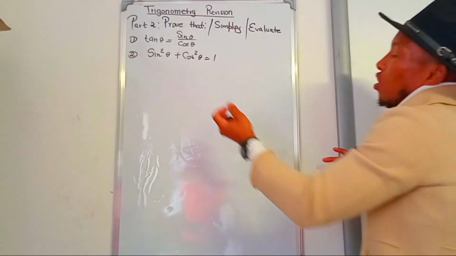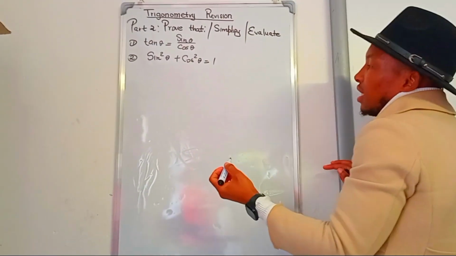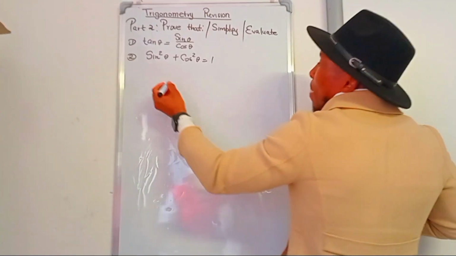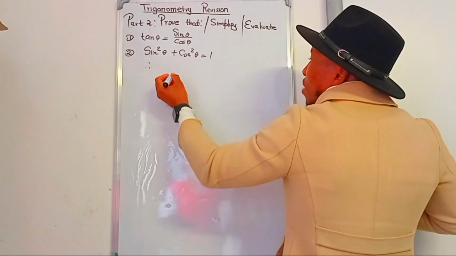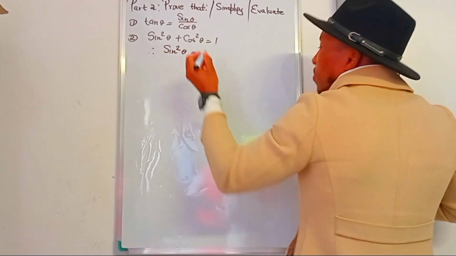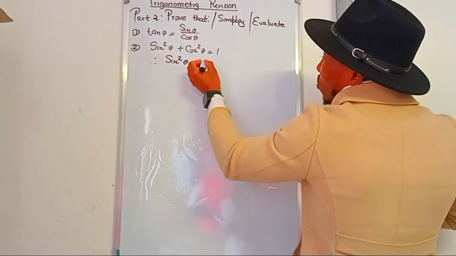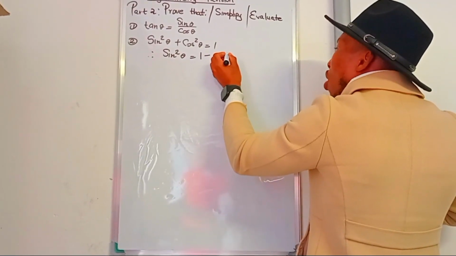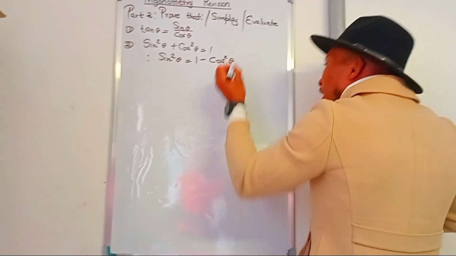Therefore, we call this a square identity. The square identity can be changed to perfect squares. How? If I'm solving for sin squared theta, that is going to be equal to 1 minus cos squared theta.